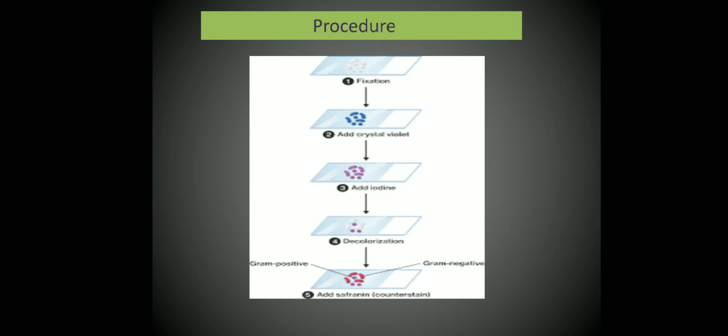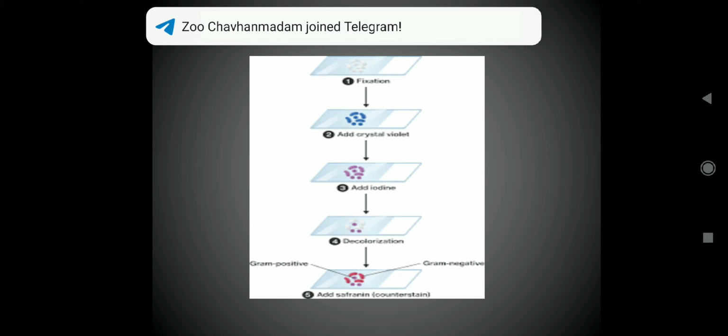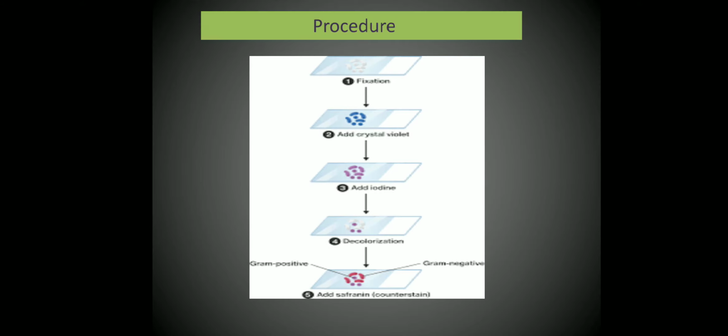Then water wash the slide, then flood the smear with 95% ethanol for 10 to 20 seconds, and see that the stain comes out of the smear. Then again water wash the slide and apply the counter stain, safranin, for 2 minutes.